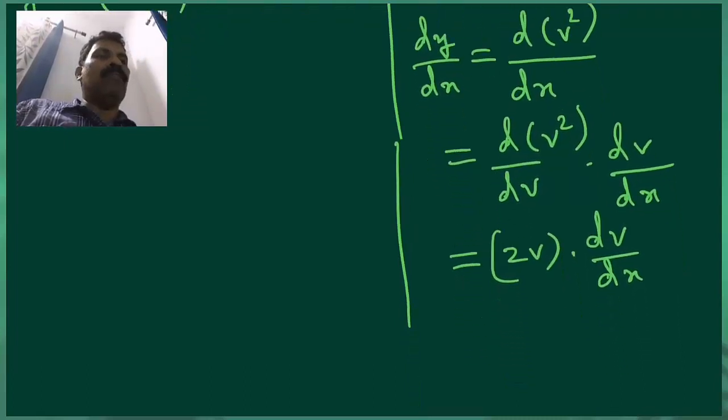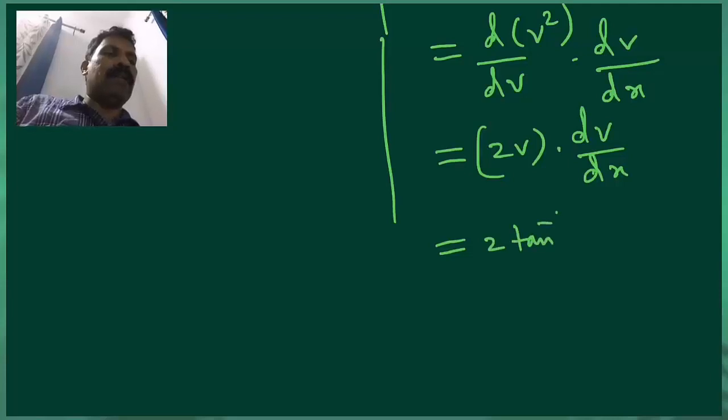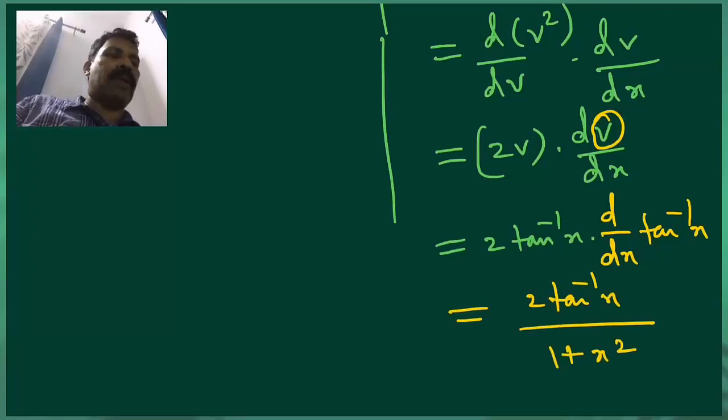And what is v? V is tan inverse x. So that is 2 into tan inverse x into the derivative of tan inverse x, that is 2 tan inverse x divided by 1 plus x square.